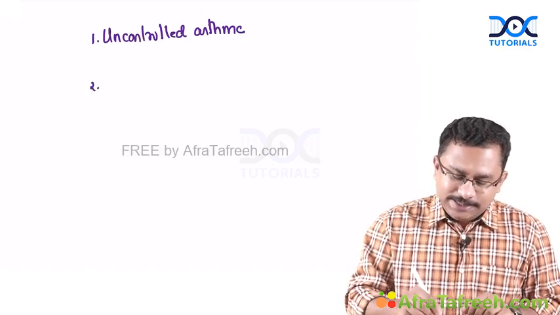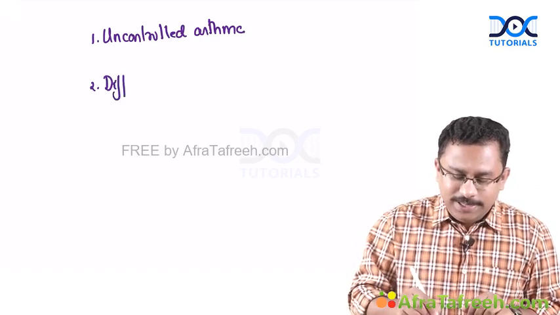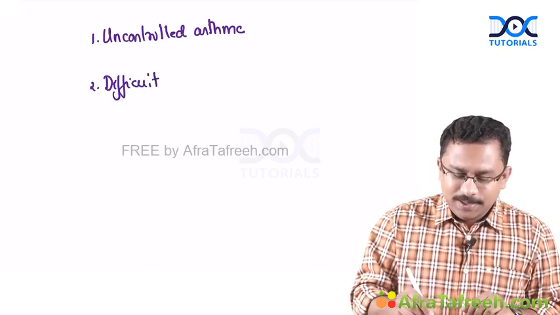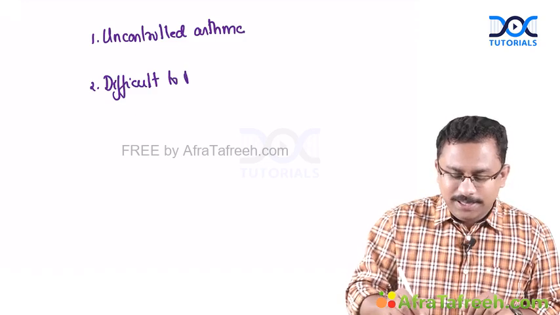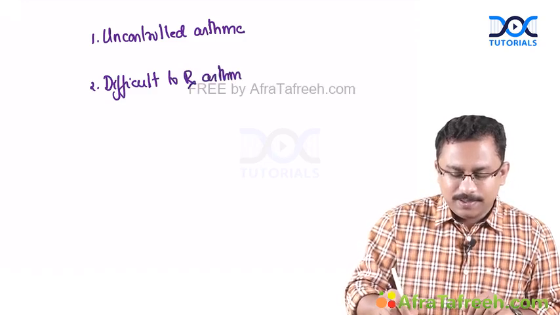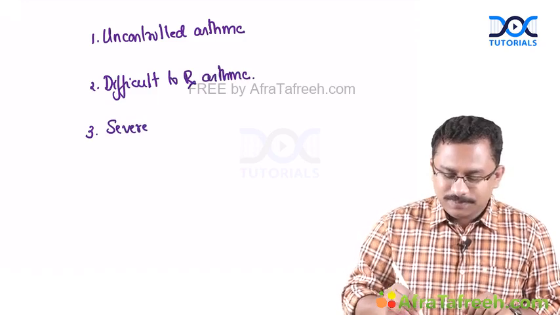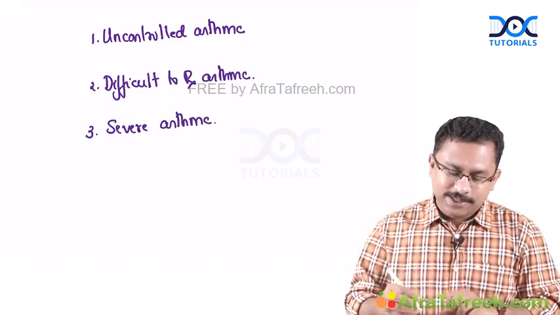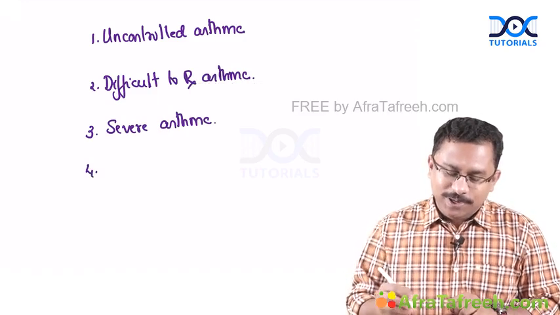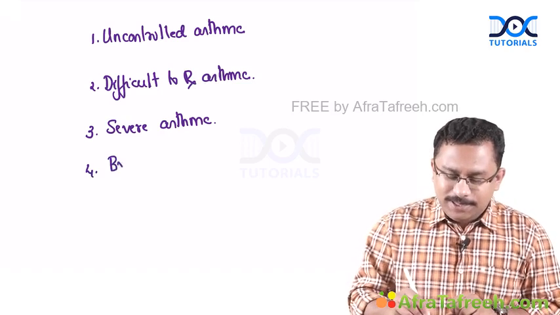Second term is difficult to treat asthma. The third one is severe asthma. The fourth one is brittle asthma.